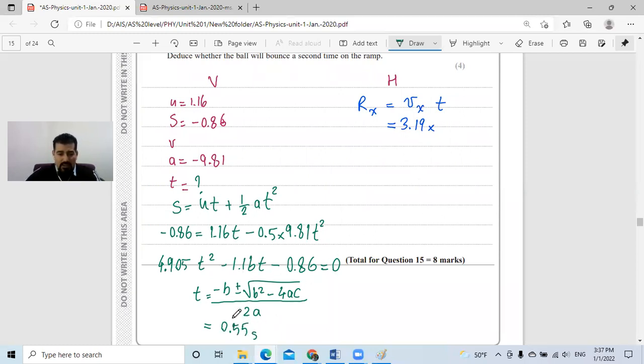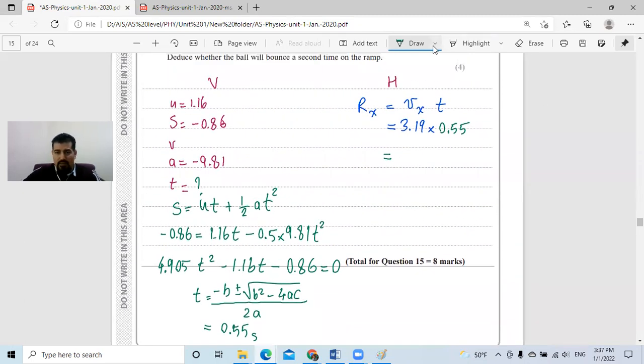So I will substitute this time here, 3.19 times 0.55. It will be how much? It will be 1.75 meter.